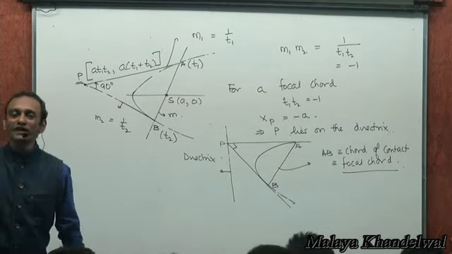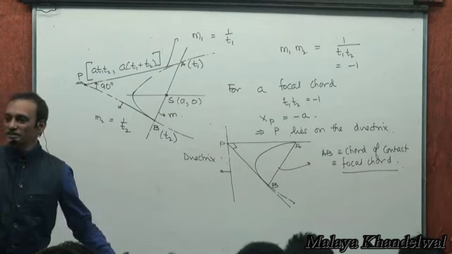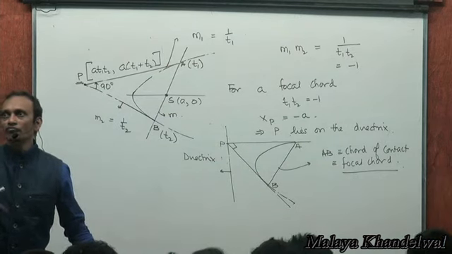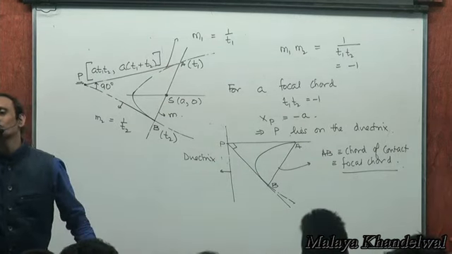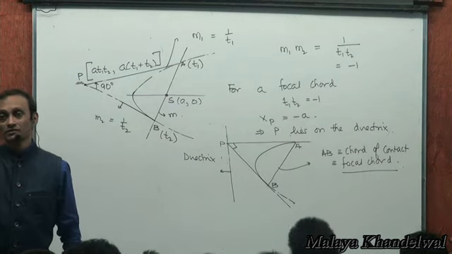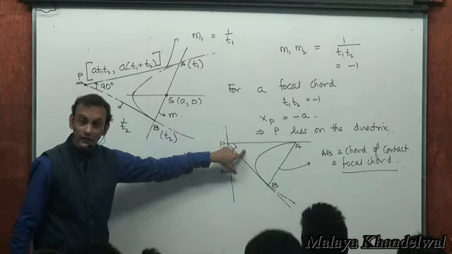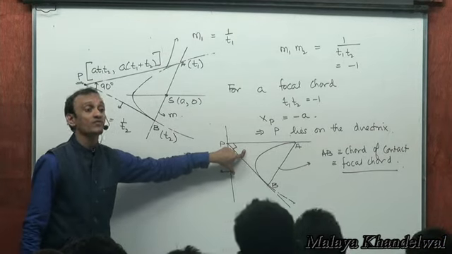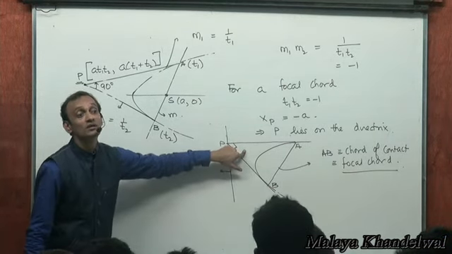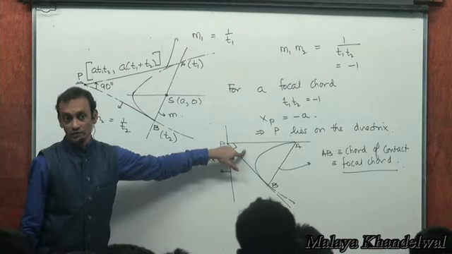If you draw a pair of tangents from any point on the directrix, then the chord of contact will always pass through the focus, right? And the tangents would be mutually perpendicular. This is by far the most commonly used result in parabola.